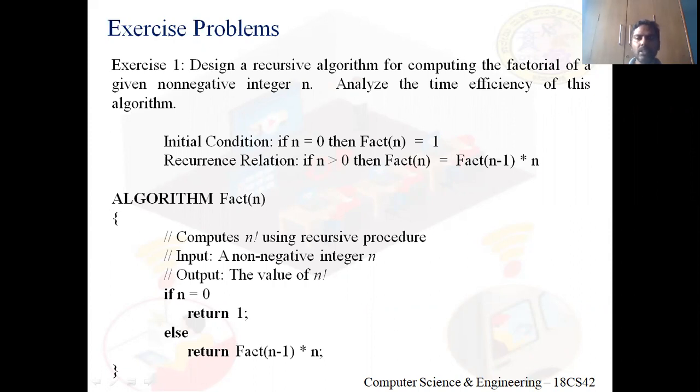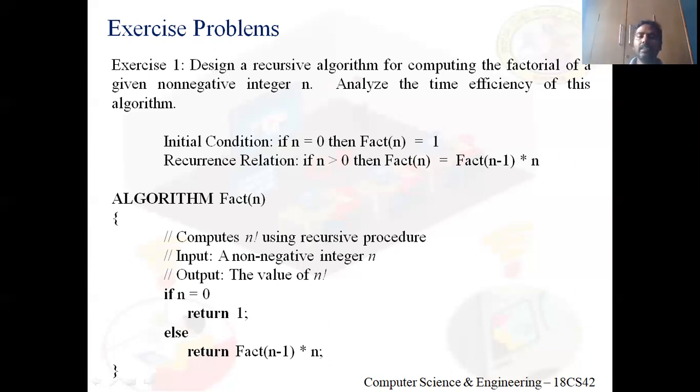The first and foremost thing, you need to identify what should be the initial condition. Next, you need to set up a recurrence relation for the solution.